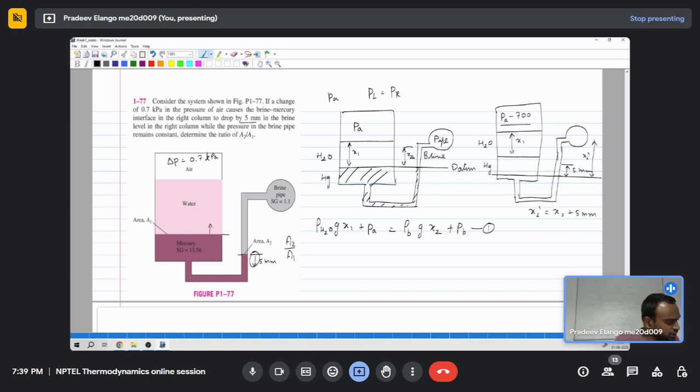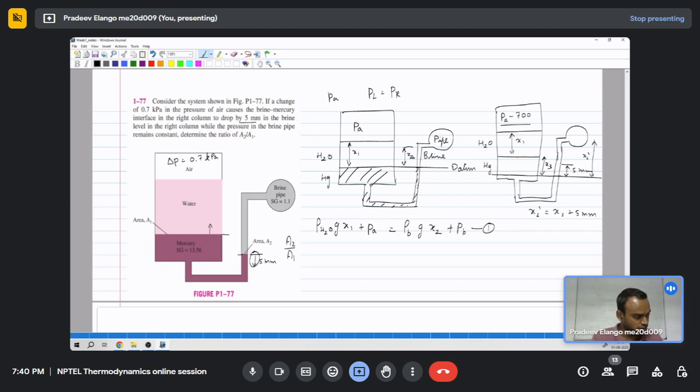And earlier we didn't have any height for the mercury because we considered the datum with the level of the mercury the same, and now it has become, say, x3, and this x3 will definitely be more than 5 mm, and that is what we have to find.